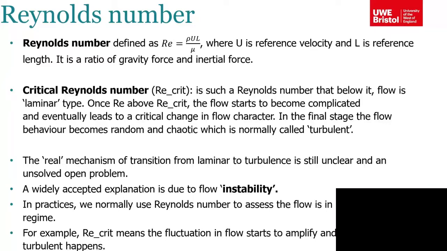You know the critical Reynolds number, we talked about it earlier. For external flows, it is 500,000. For external flow with an obstacle, it's 20,000. For internal flow, it's 2,300, where it becomes turbulent.